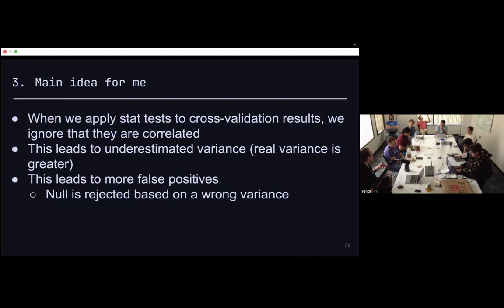And you get the scores from them on the test folds. But since the training data between the cross-validated models is overlapping a little bit, the results are not really independent.